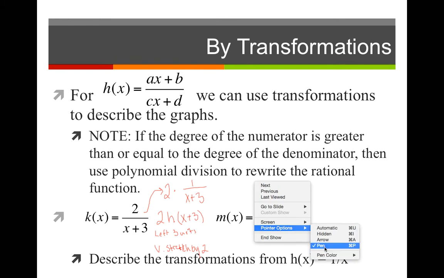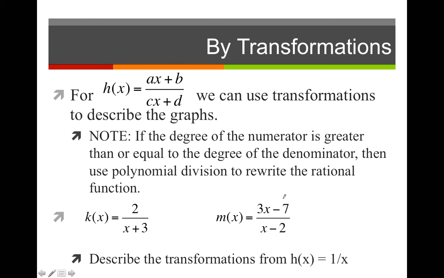But the little bit harder ones here would be ones like this. If I had 3x minus 7 over x minus 2. You might think, oh, it's being shifted to the right 2 units. Well, it is. But this 3x minus 7 is kind of a pain right now. So what I want to do is divide that out.